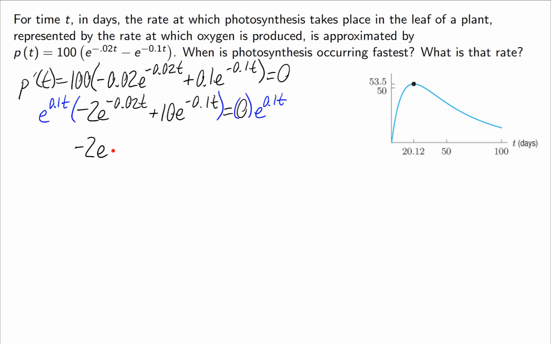I get negative 2 e to the, when I add my exponents, I get 0.08 t, and then I just have 10. And on the right side, 0 times anything is 0. Now I can go ahead and start solving this. I get negative 2 e to the 0.08 t is negative 10.